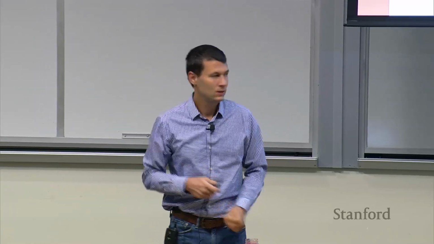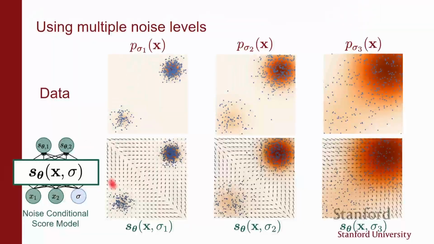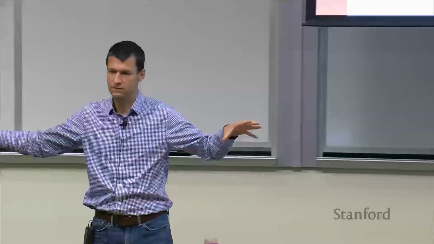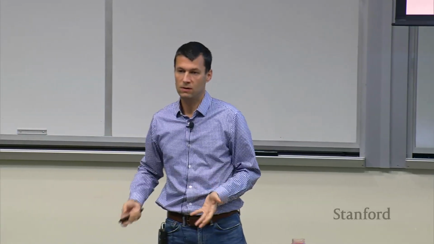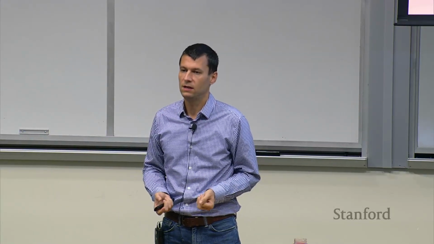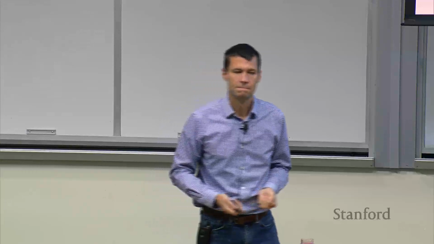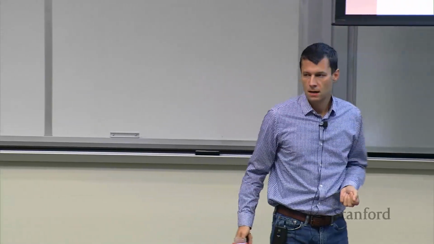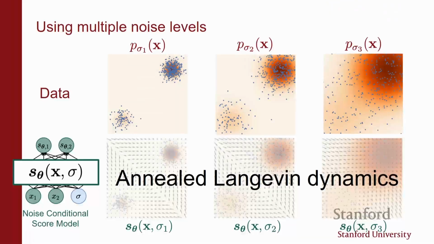So even though you initialize the particle at the same point, maybe you initialize it here, because of the randomness in the Langevin dynamics, you might end up in completely different places, meaning that you're going to generate completely different, let's say, images. And so that's the procedure, annealed Langevin dynamics.